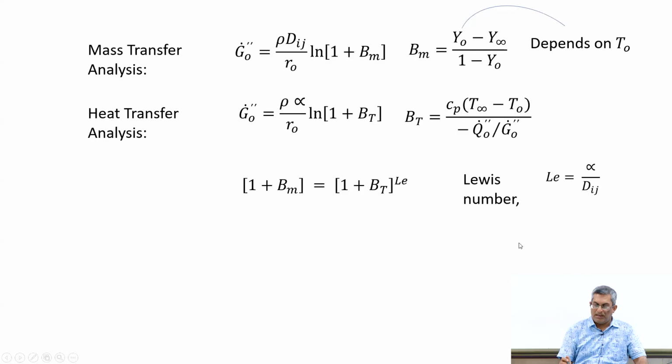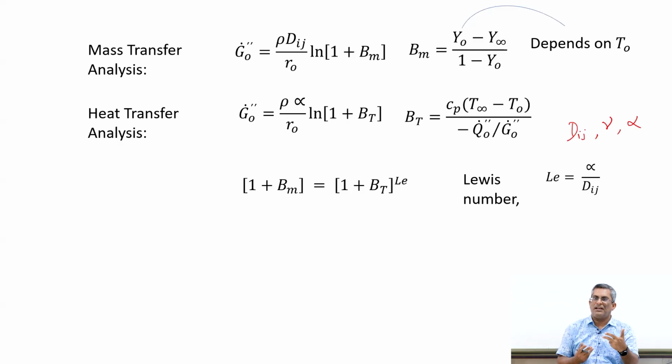So, we have three types of diffusivity: mass diffusivity, momentum diffusivity, and thermal diffusivity, and accordingly we have three numbers which compare these three.